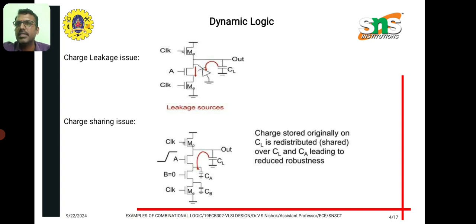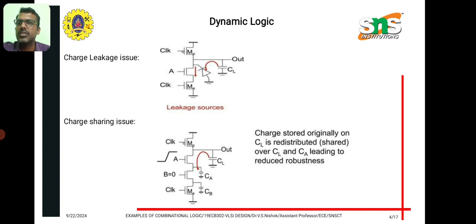Based on the pull down network, if the transistor is on, it makes the charge flow towards the ground. If the transistor is off in the pull down network, the charge starts to leak across this pull down network or across the PMOS transistor. So that makes the degraded output in the output path.